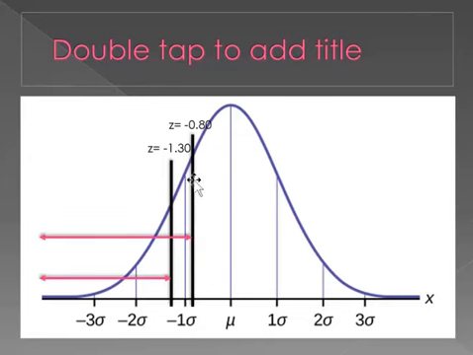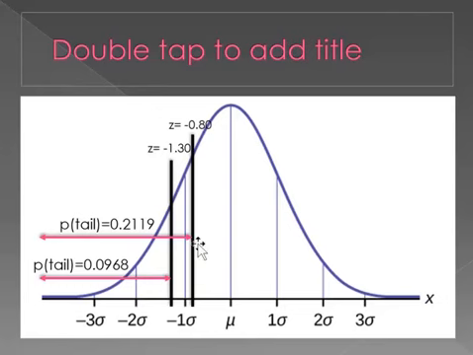So I'm going to find the proportion of scores that fall at or below negative 0.80, and that's going to be this area of scores in the tail. I'm also going to find the proportion of scores that fall at or below negative 1.30. So I'm going to look for that in the tail. So that'll give me all this area. And again, if I subtract this proportion out of this proportion, I'm left only with the proportion of scores that fall between the two values that I'm looking for.